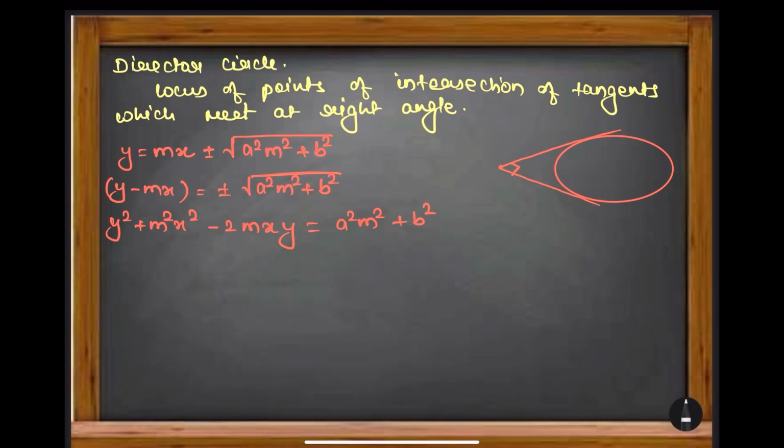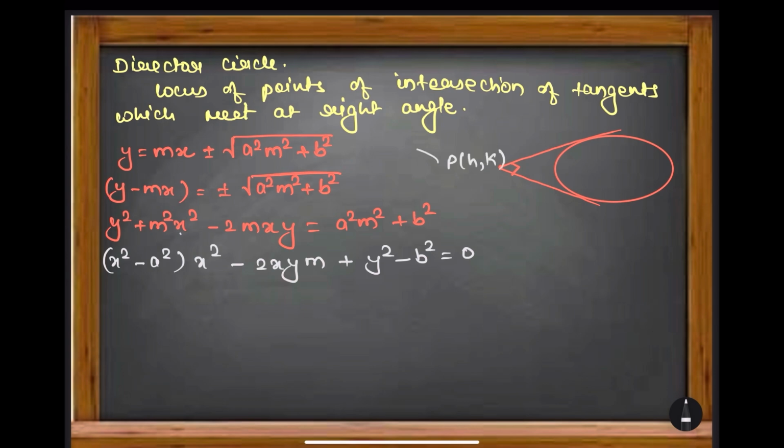So look at this. So we will have x square minus a square, then minus 2xy m plus y square minus b square. Why did I do this? Because we are trying to find the locus of h comma k.